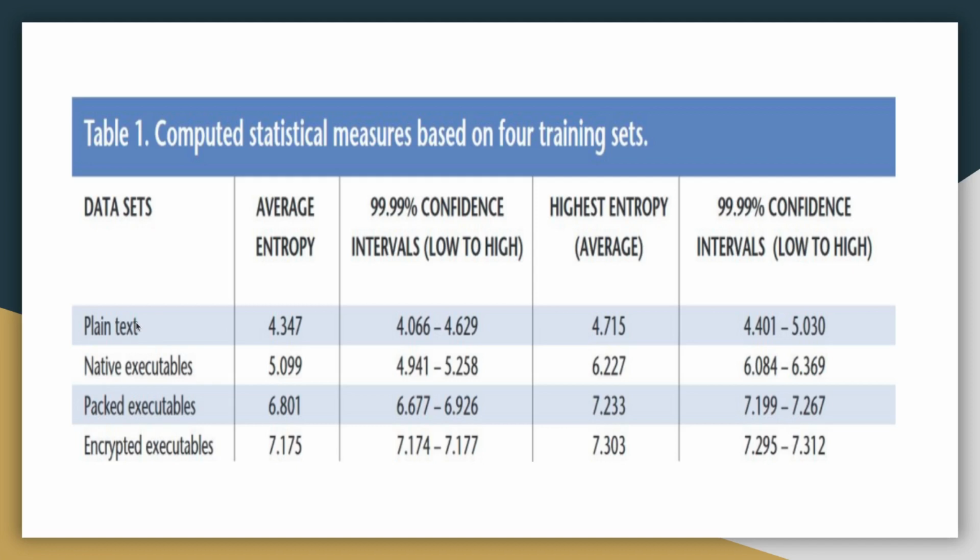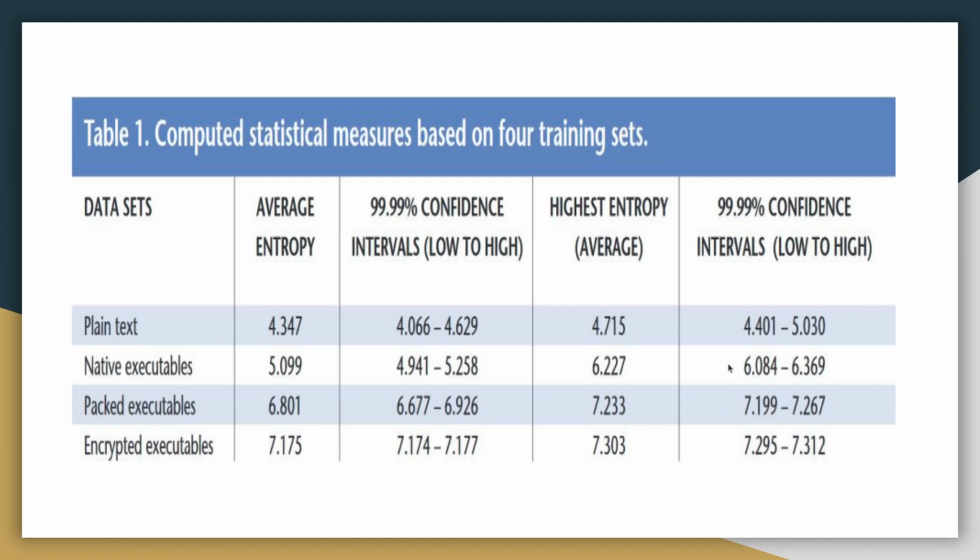We'll be able to read the strings, and we can say it is not packed, encrypted, or obfuscated. The interval, low to high, is 4.4 to 5.030. For native executables, it's going to be between 6.084 and 6.369, low to high.